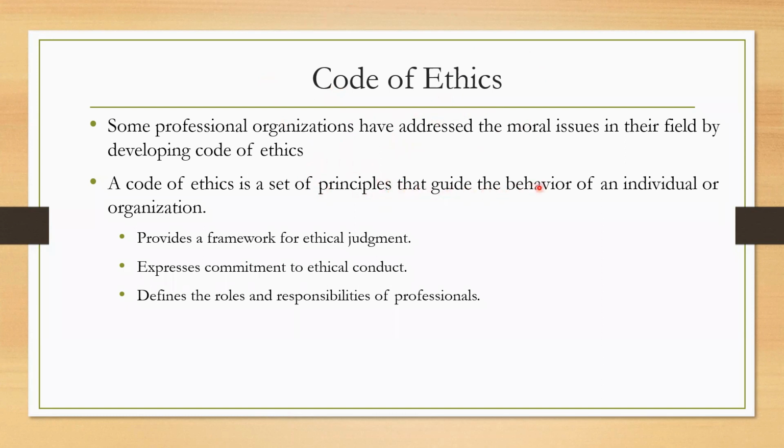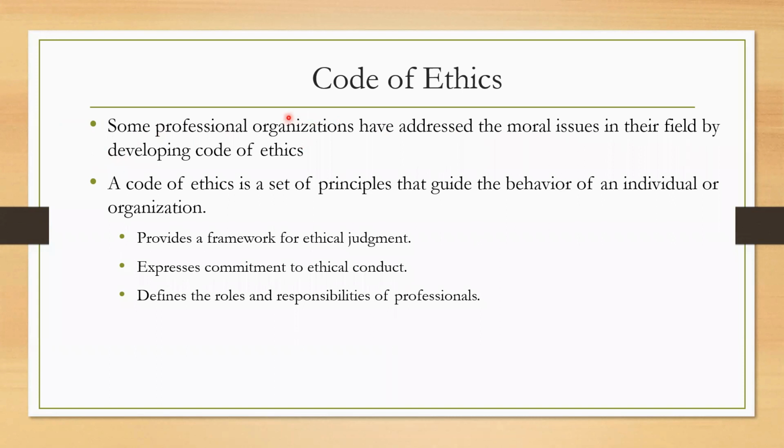These can guide the behavior of their committee, their members. And this is called a code of ethics. So the code of ethics is a set of principles that guide the behavior of individuals or organizations. And this set of principles comes to address some ethical or moral issue in their field.